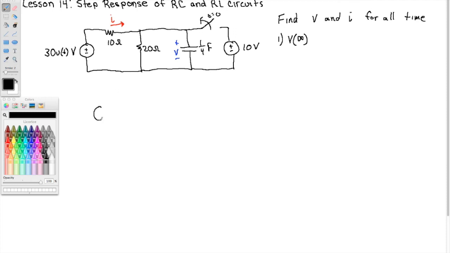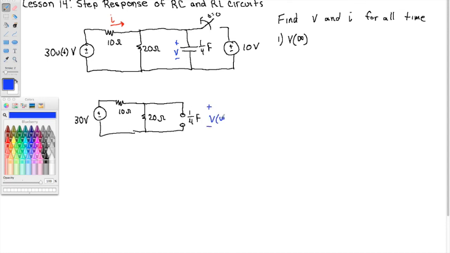So our circuit at V of infinity looks like this: 30 volts, 10 ohms, 20 ohms. If we wait a long time, the capacitor is effectively an open circuit. So we want this voltage here.